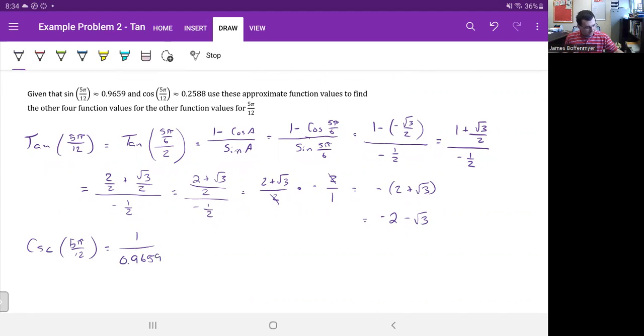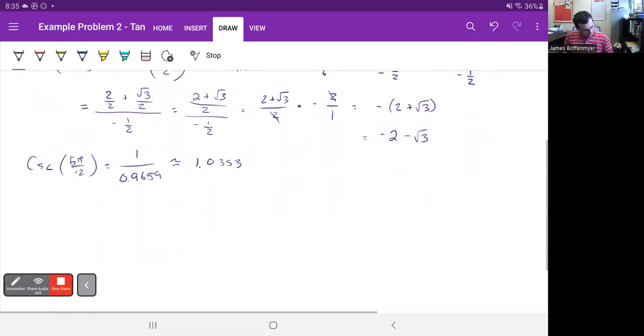So 1 divided by 0.9659 is 1.0353. Remember, cosecant is the reciprocal of sine, so you do 1 over the value of sine. That's where we got that value from.